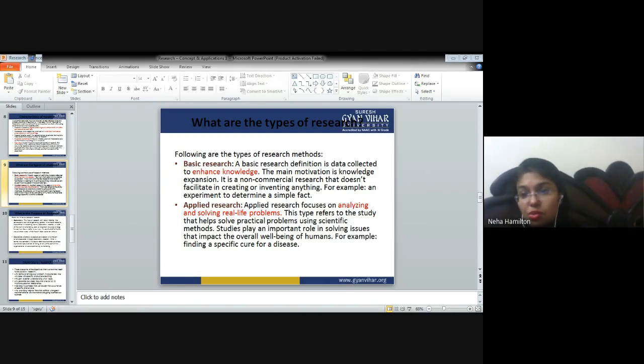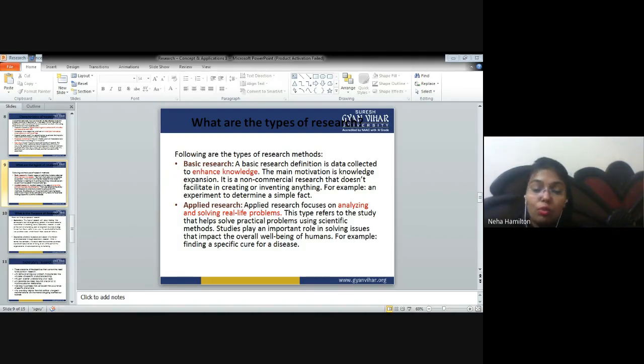It can be in social science, it can be in physics, anywhere. So, if you want to improve your basic knowledge, for example, you are studying the galaxies out there in space. You are researching the total planets in our solar system. This is basic research.